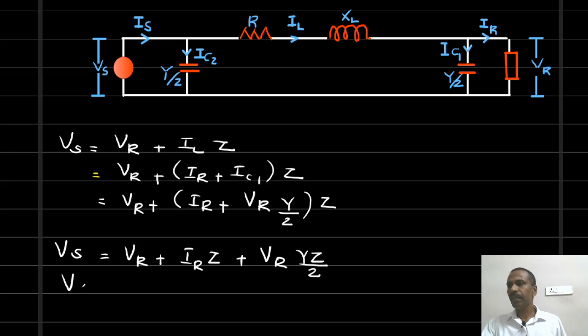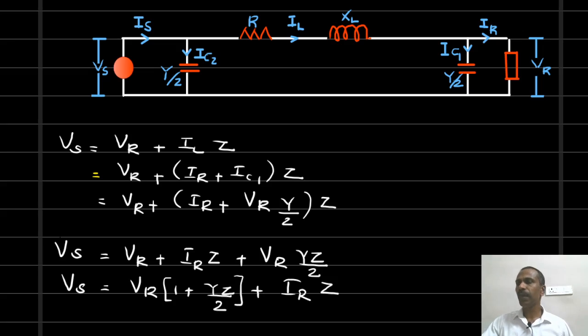So Vs can be written as VR into 1 plus YZ by 2 plus IR into Z. We have to write the sending end voltage in terms of receiving end voltage and receiving end current.